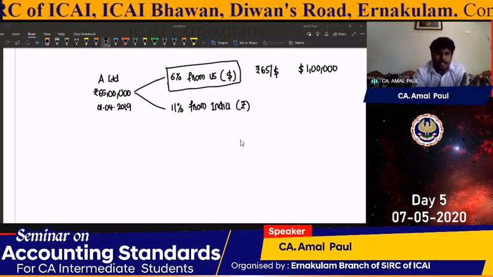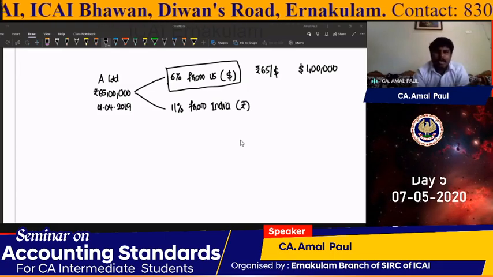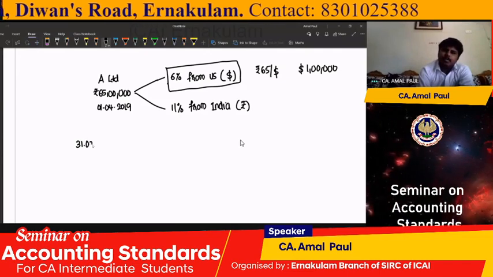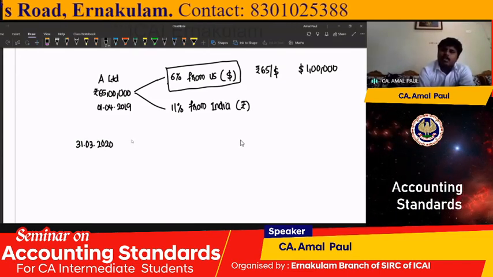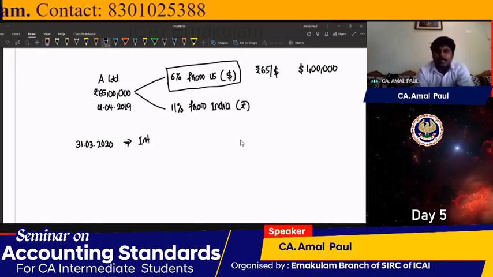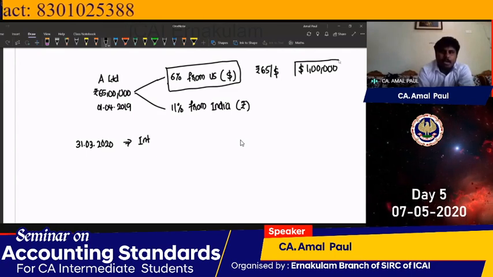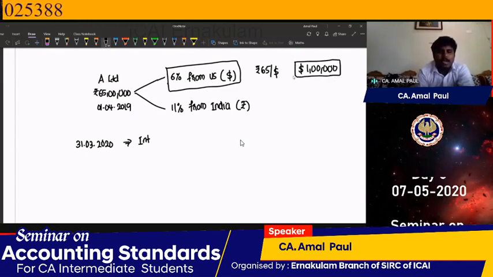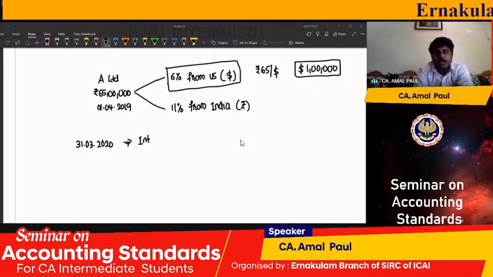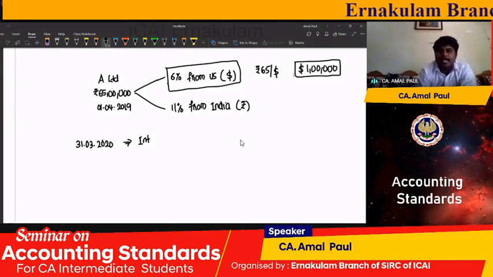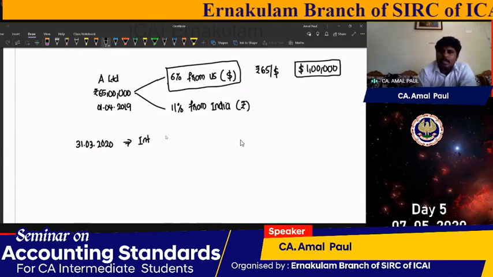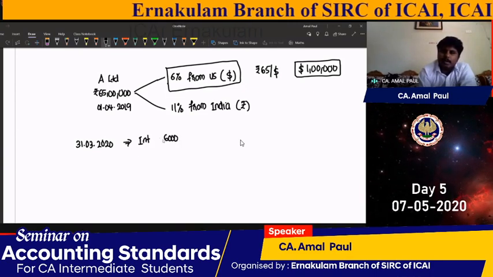As at year end, on 31/3/2020, they have to pay the first interest. They had taken the loan in foreign currency, that is in US dollar, so interest will also accrue in US dollar. The interest for this whole 1 year will be 6,000 US dollar.